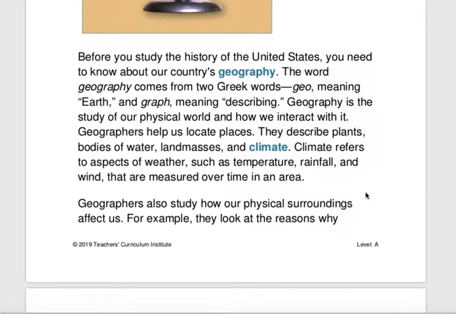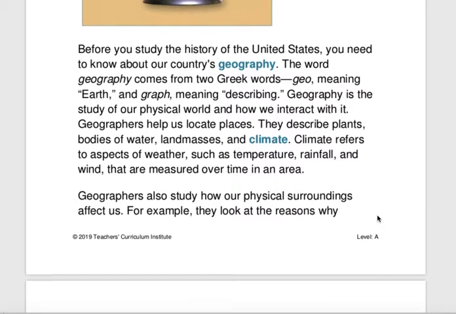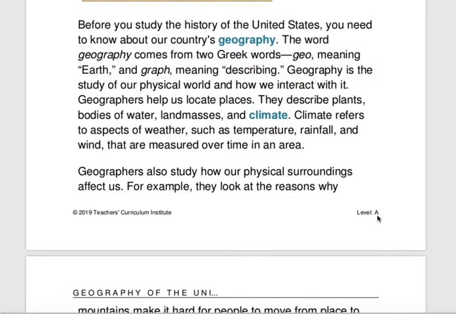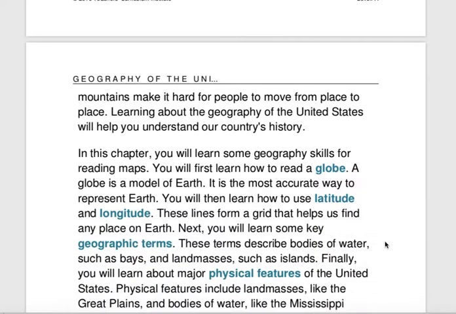Climate refers to aspects of weather such as temperature, rainfall, and wind that are measured over time in an area. Geographers also study how our physical surroundings affect us. For example, they look at the reasons why mountains make it hard for people to move from place to place. Learning about the geography of the United States will help you understand our country's history.